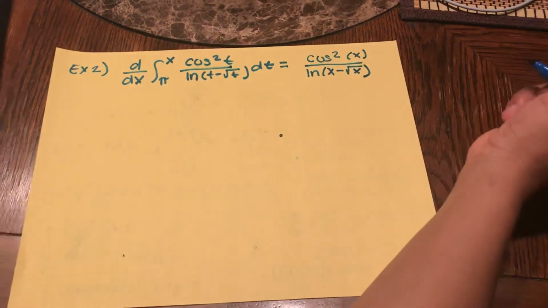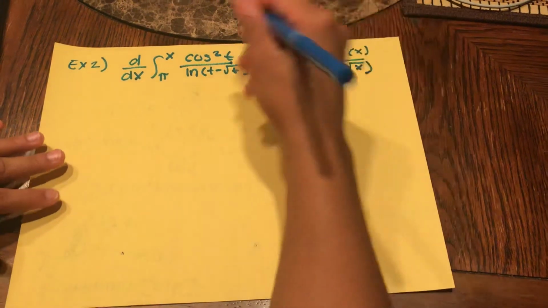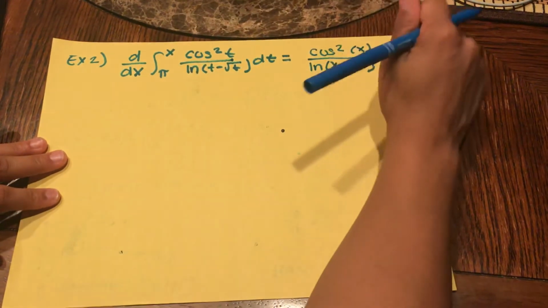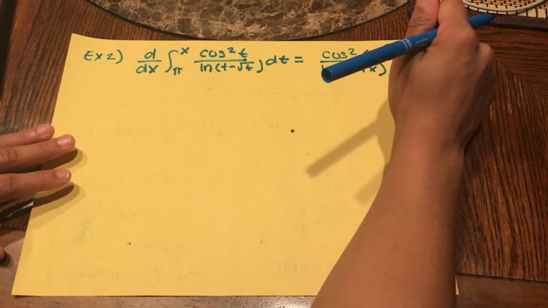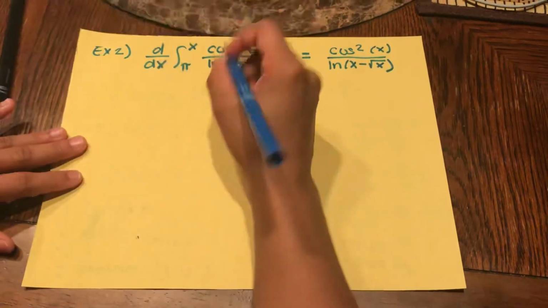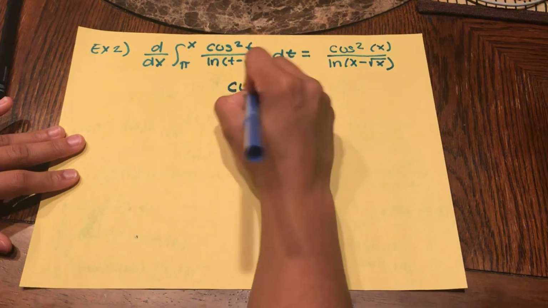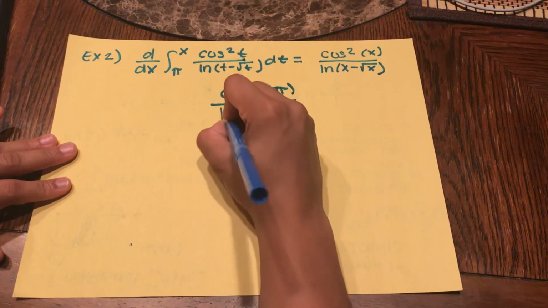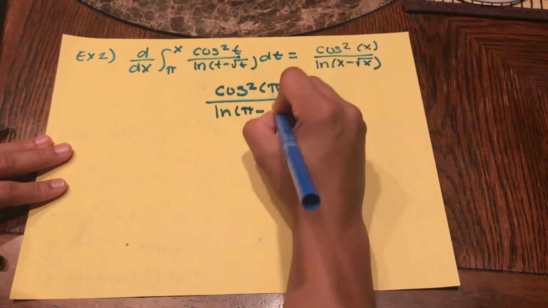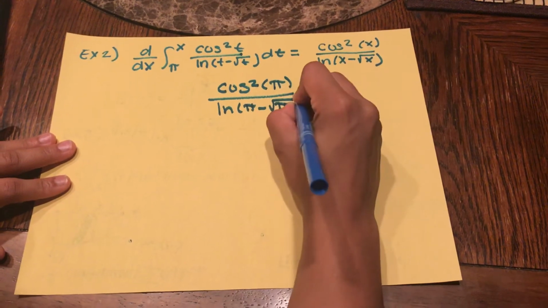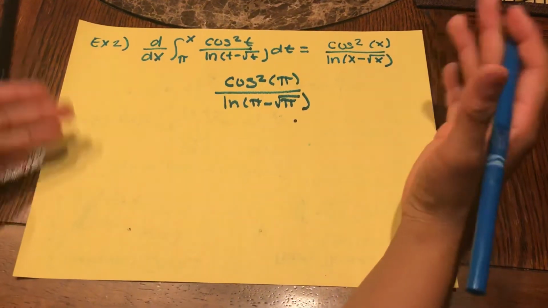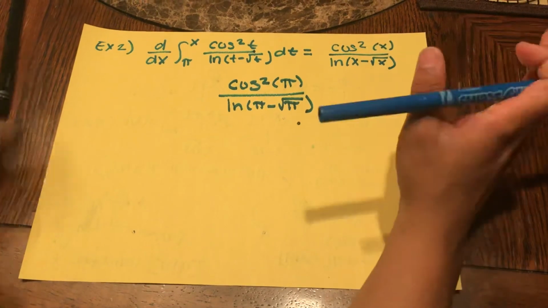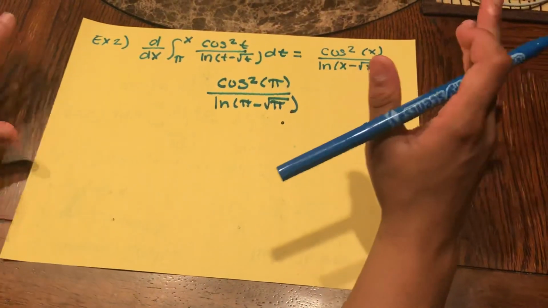And if we're solving for the problem, we'll just plug in pi for this new equation. So we have cosine squared of pi over ln pi minus the square root of pi. And so you can leave your answer like that, or solve for it, but I'm not going to solve for it, sorry, and go through all that math.